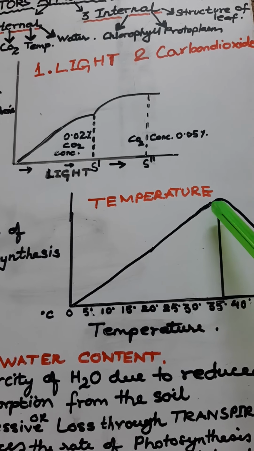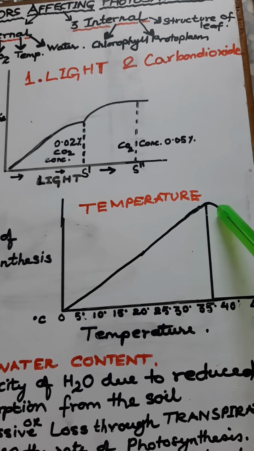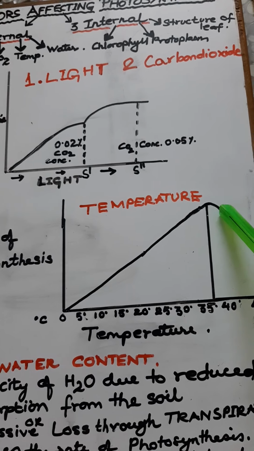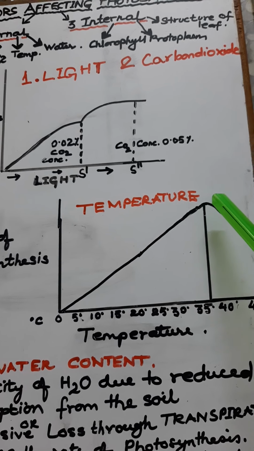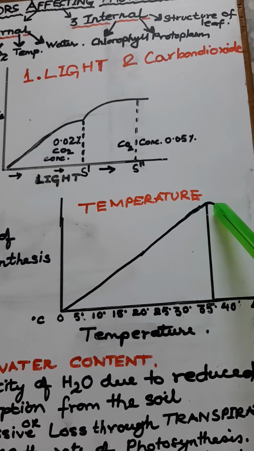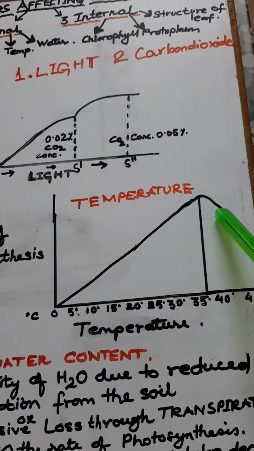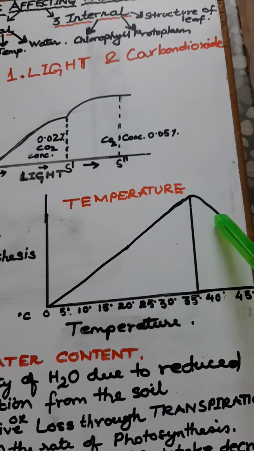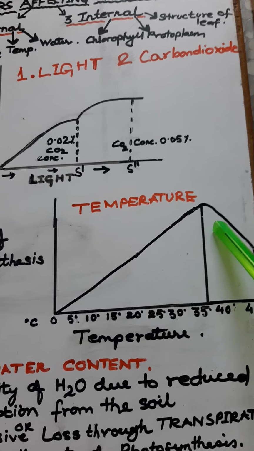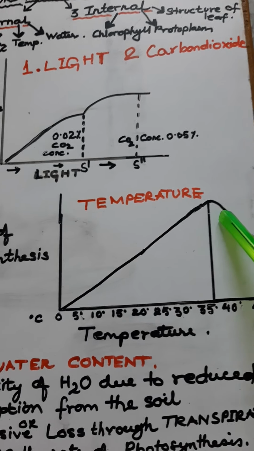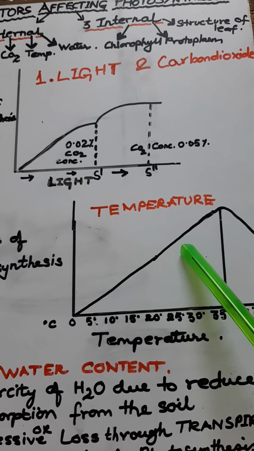After 35, it starts slowing down, and at 40 degrees, what starts happening is then the enzymes that are there, they start denaturing. Denaturing means the enzymes start splitting. Then after 40 degrees, if the temperature is kept increasing, it stops. Because if the enzymes only denature, the photosynthesis will not take place. So this is how temperature affects, okay?